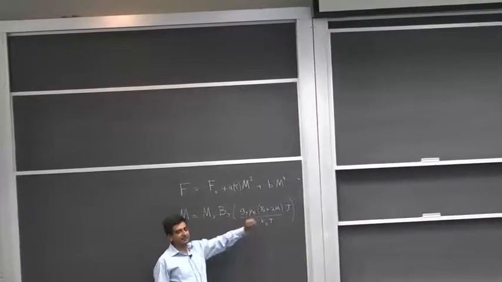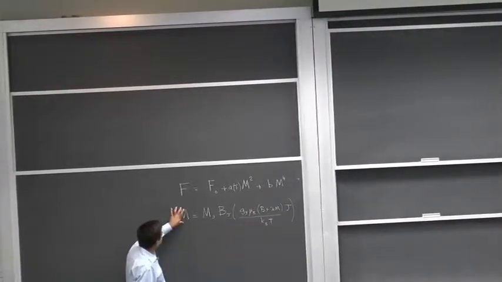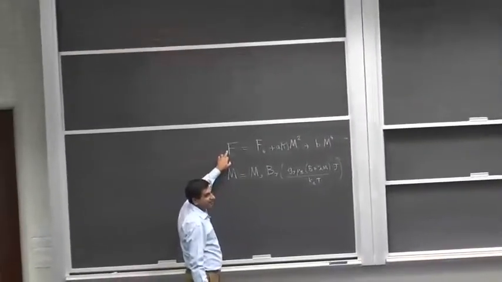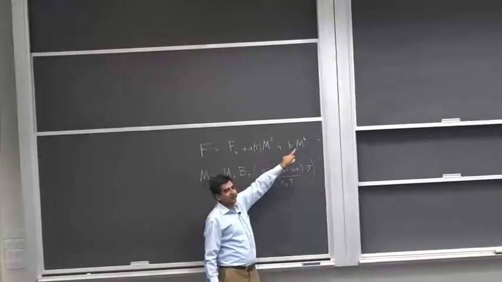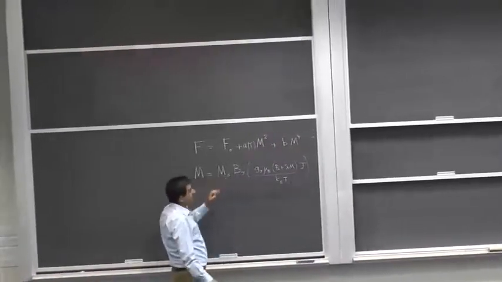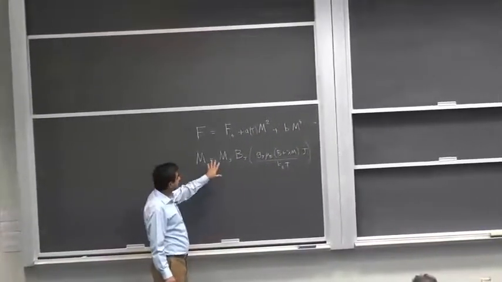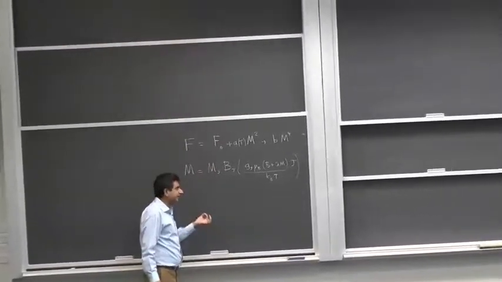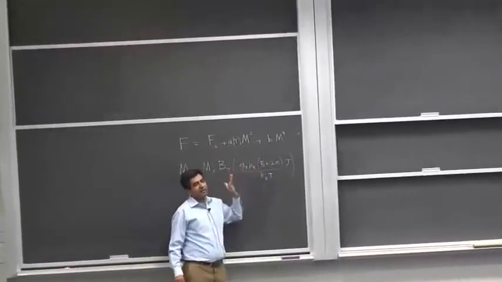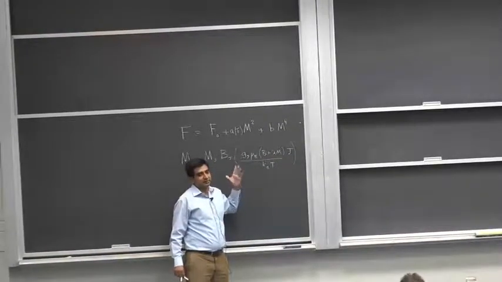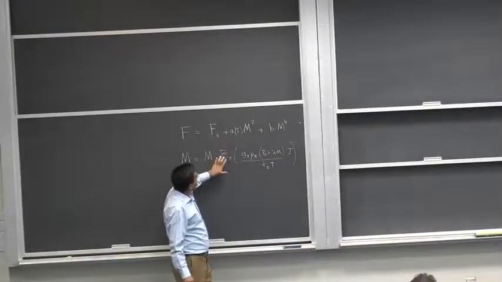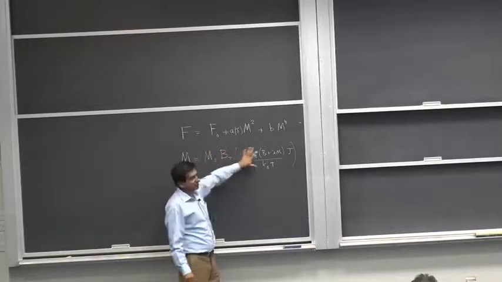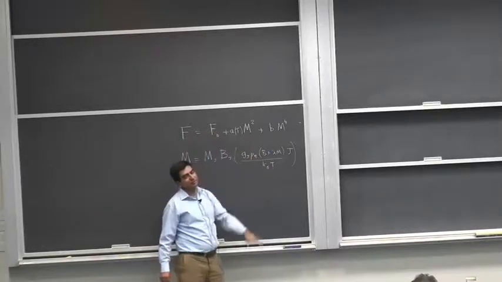If you multiply that M with B, we'll get an energy. So we'll get an M squared term and an M to the fourth term, and this we know is a mean field model. Because what is expressed here is that all the spins are seeing a mean field, B plus lambda M. So this model is exactly analogous to the Brillouin function model. So the Landau model is also a mean field model.